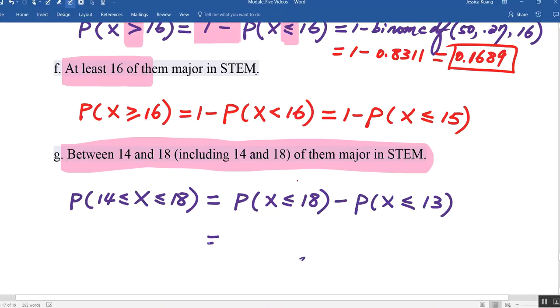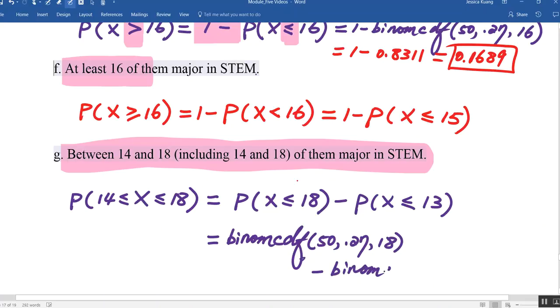From here, you will be able to enter the answer into your graphing calculator. So we will have binom CDF of 50, 0.27, 18 minus binom CDF of 50, 0.27, and 13. Type that into your calculator.